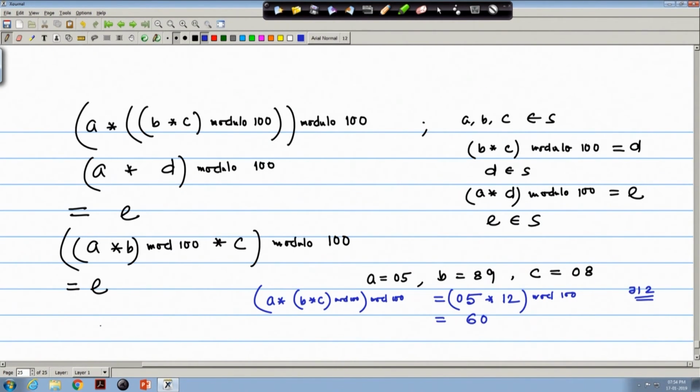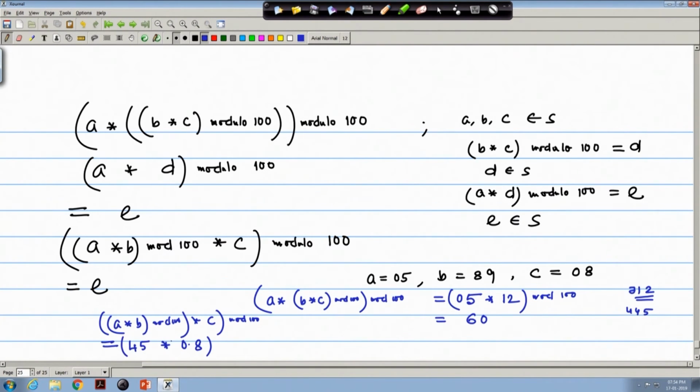Now, if I do the other way, A star B modulo 100 star C modulo 100, then A star B is 5 times 89, which is 445, remainder is 45 only, and C is 8.